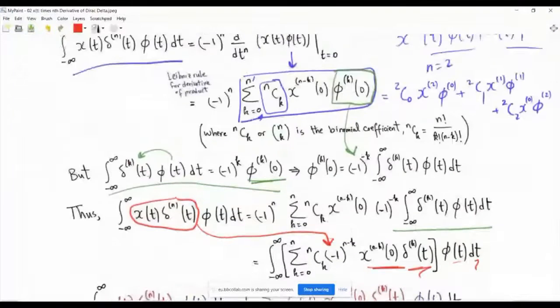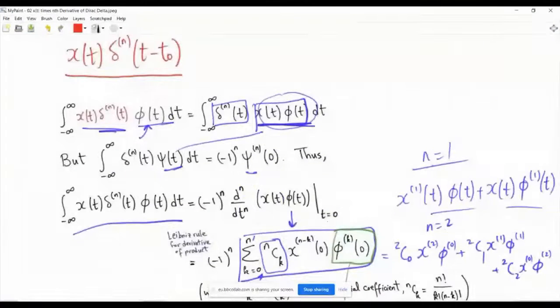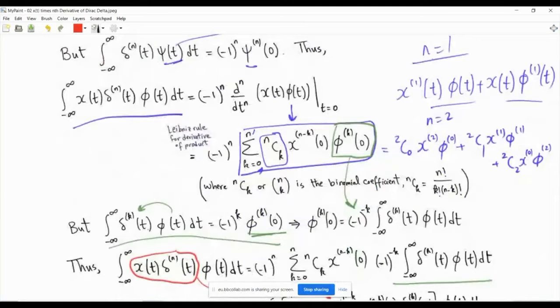Okay, so the trick again is to combine the x with the phi, apply the nth derivative of the Dirac delta, which results in this product being differentiated n times. Use the Leibniz rule for the derivative of a product of two functions.